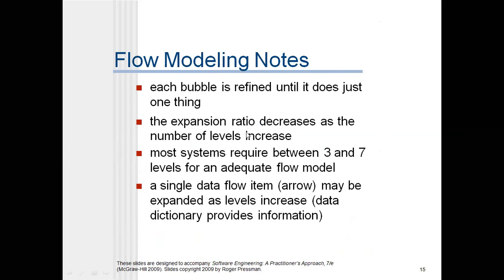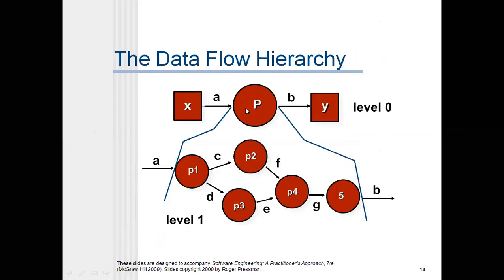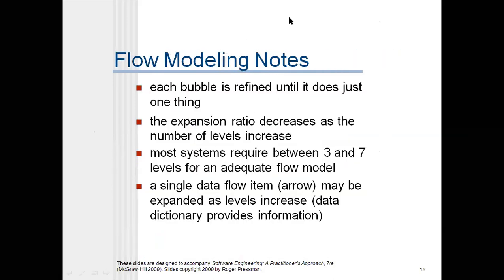You will see the overall notes about flow modeling, a few more points about flow oriented modeling. Each bubble is refined until it completes one task. What is the bubble here? It's a process symbol.